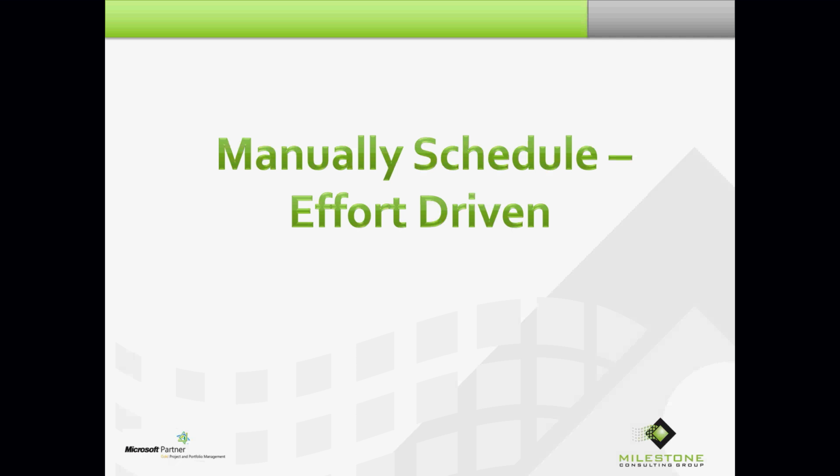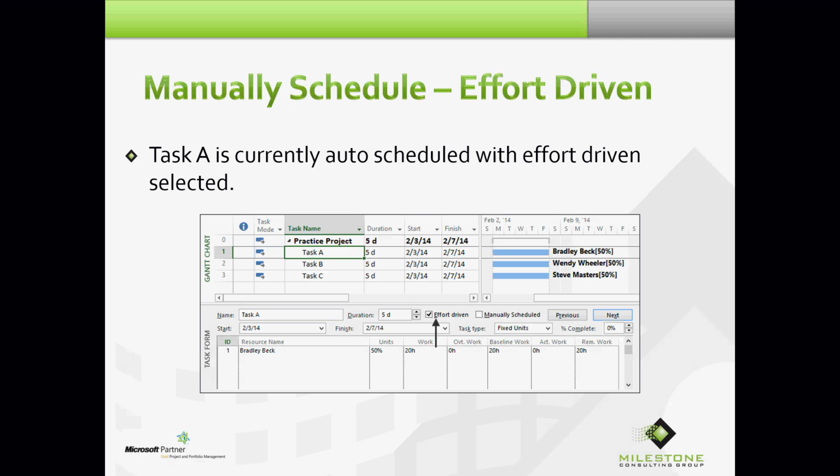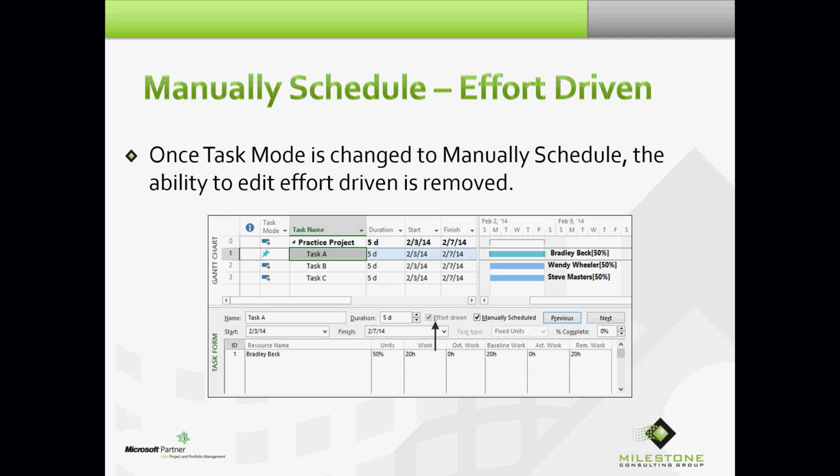Okay. What about effort-driven? Manually scheduled mode does not allow automatic effort-driven scheduling. The ability to use effort-driven for distributing remaining work is removed. And like task type, the impact of this is on work. Here's another example. Task A is currently auto-scheduled with effort-driven selected.